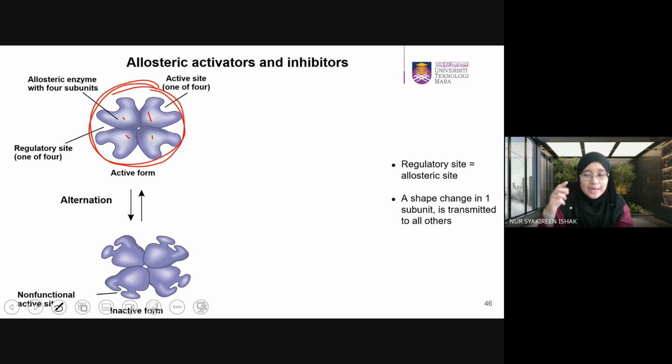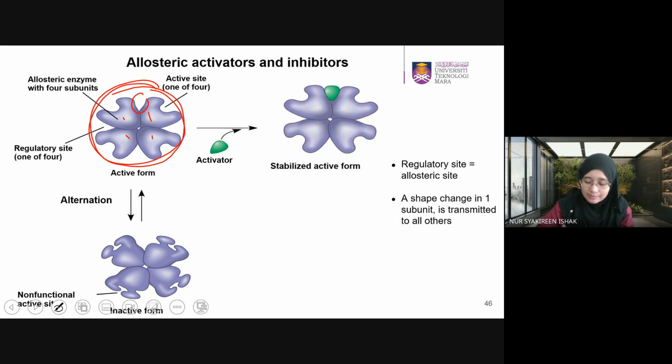So in order to stabilize the enzyme structure, it needs the regulatory molecule. For example, here the enzyme keeps changing between active and inactive form. How do we stabilize the enzyme? If an activator binds to one of the allosteric sites, just one activator, it causes all the subunits of the enzyme to be in the stabilized shape, which is the active form.